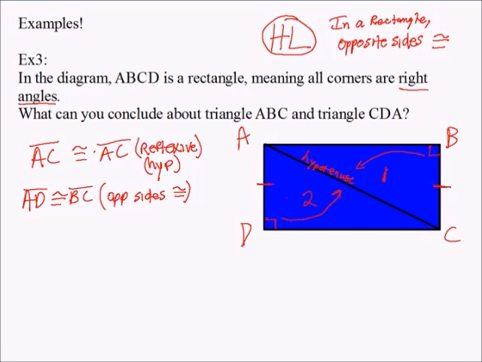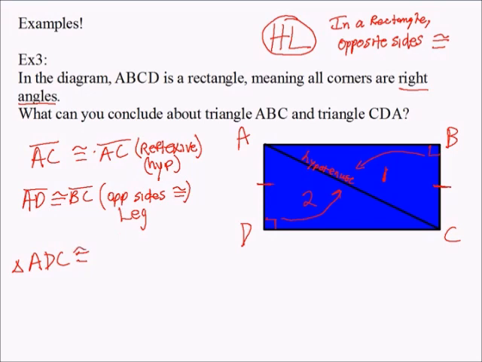Hypotenuse, and since this is not the hypotenuse but it's a right triangle, then we know that one pair of legs are congruent. So we know that triangle ADC, match your angles up, ADC is congruent to CBA. Wow.